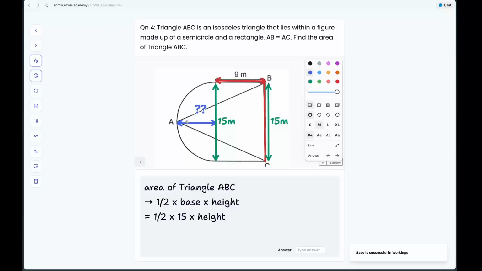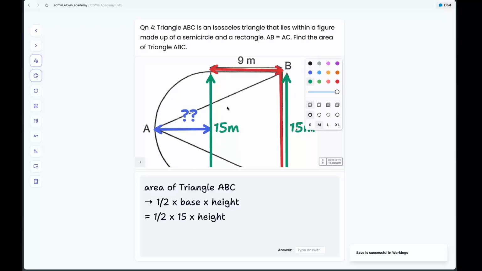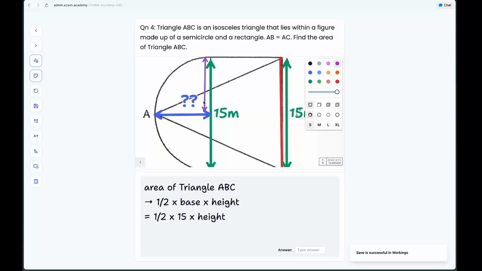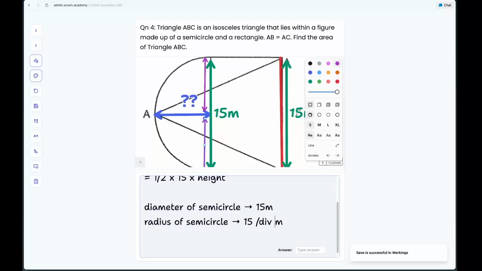So for the diameter of the semicircle, we also know the radius. Since this diameter is 15 meters, half of this will be 15 divided by 2, which is equal to 7.5 meters. So this over here is 7.5.